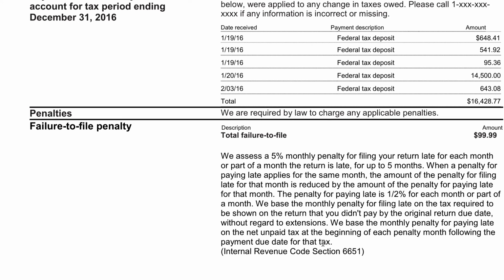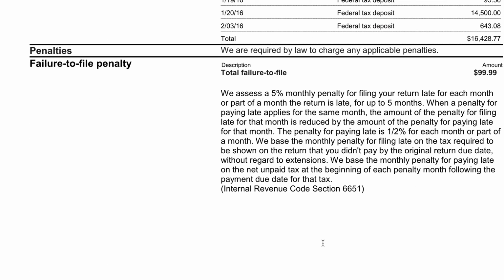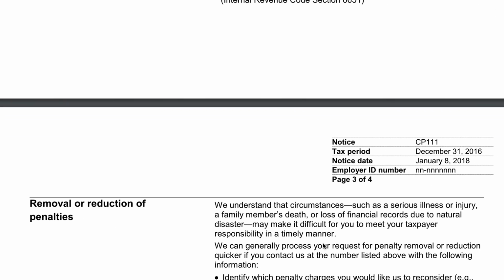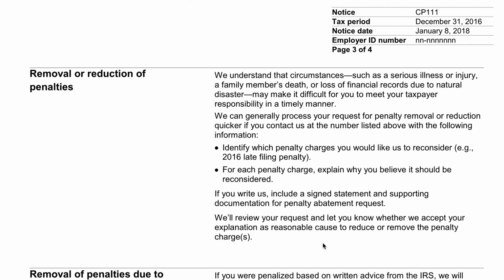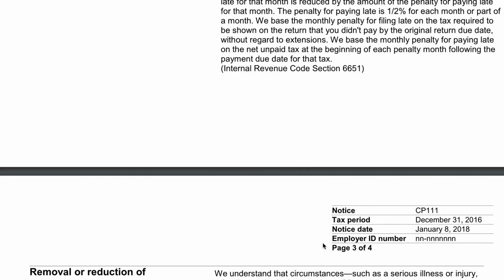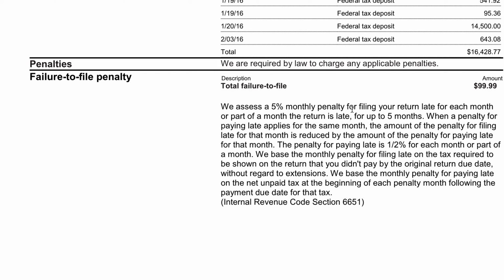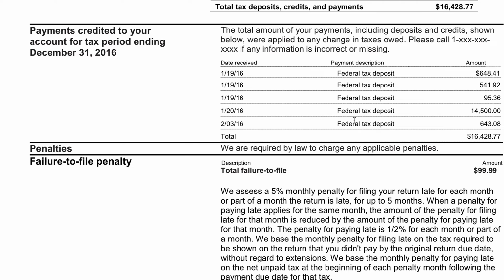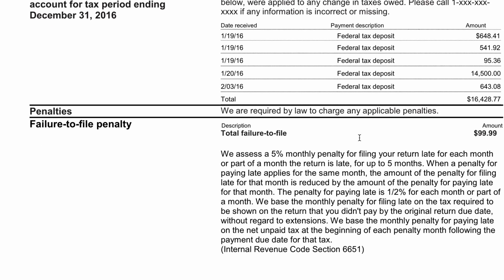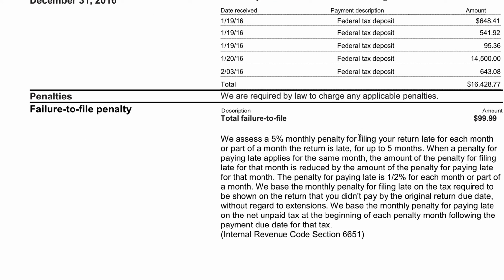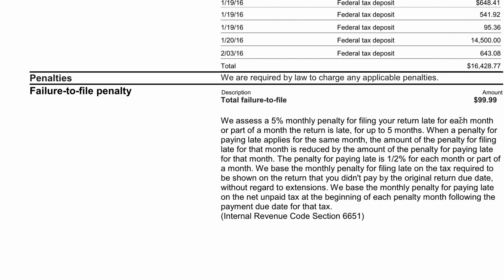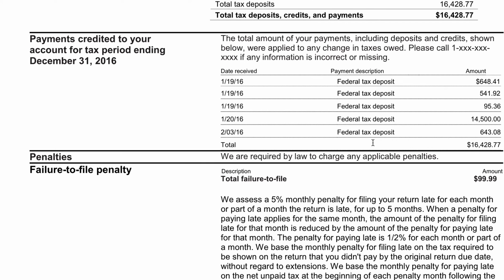There's a failure to file penalty. I'm not sure how the IRS assessed that. It doesn't say that here specifically. My question is, there's a 5% penalty for a late payment, but if you overpaid the tax, then I'm not exactly sure what this $99 represents.